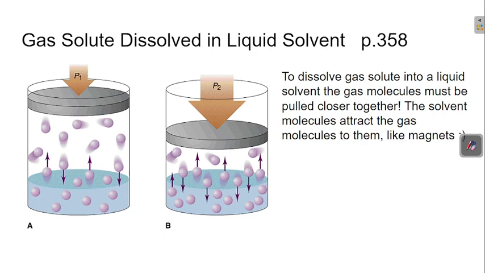You can help it by putting pressure on the gas, which is what you do when you create soda pop. You already know that when you open a can, the gas will escape. It was pushed into the liquid by pressure, but as soon as you open it and the pressure is lowered, the gas will try to escape, and it does escape.